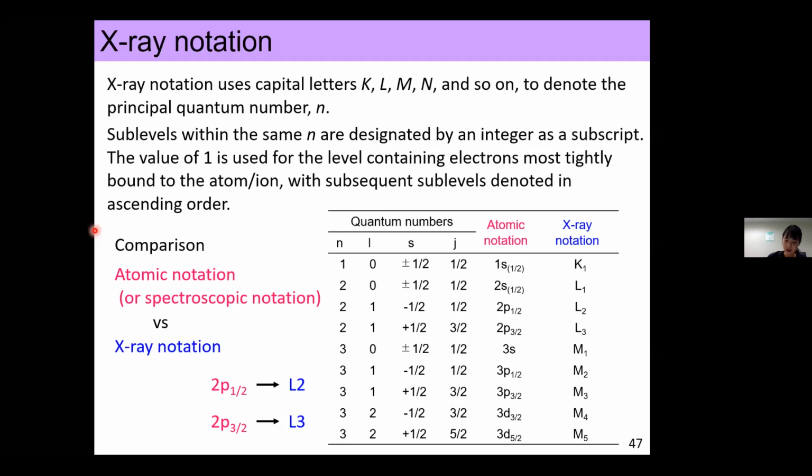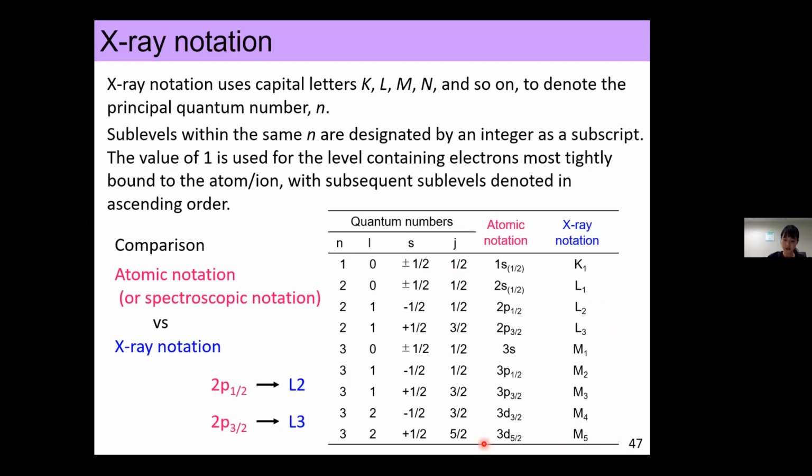The value of 1 is used for the level containing electrons most tightly bound to the atom or ion, with subsequent sublevels denoted in ascending order.